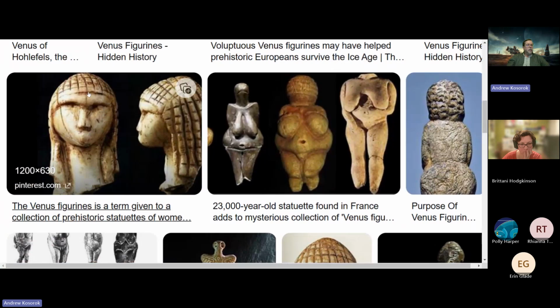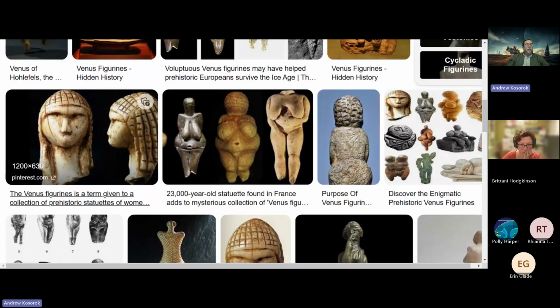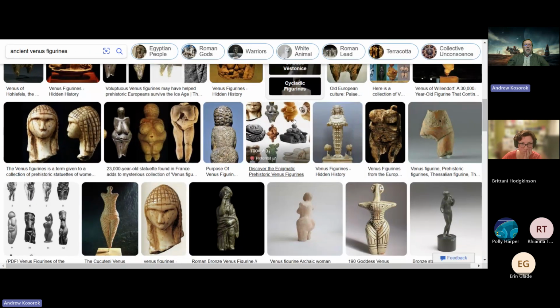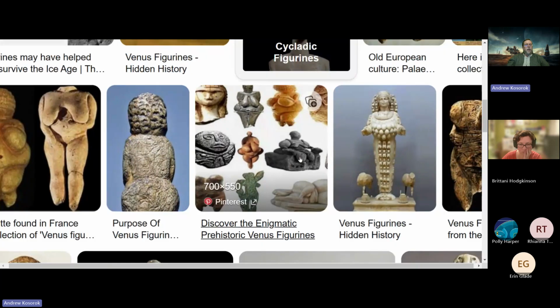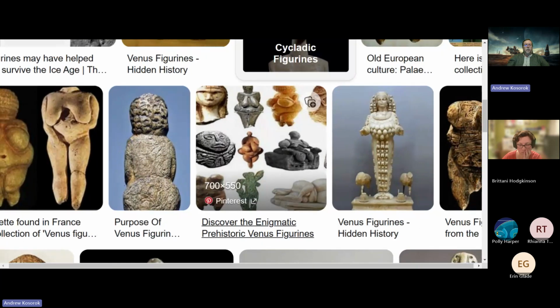It doesn't look mechanical. Yeah, we do have these straight lines in the hair area, but overall, the shape is curving. The forms kind of blend into each other, and it does feel like it's a reflection of organic form. This is several different variations of this kind of votary type form.